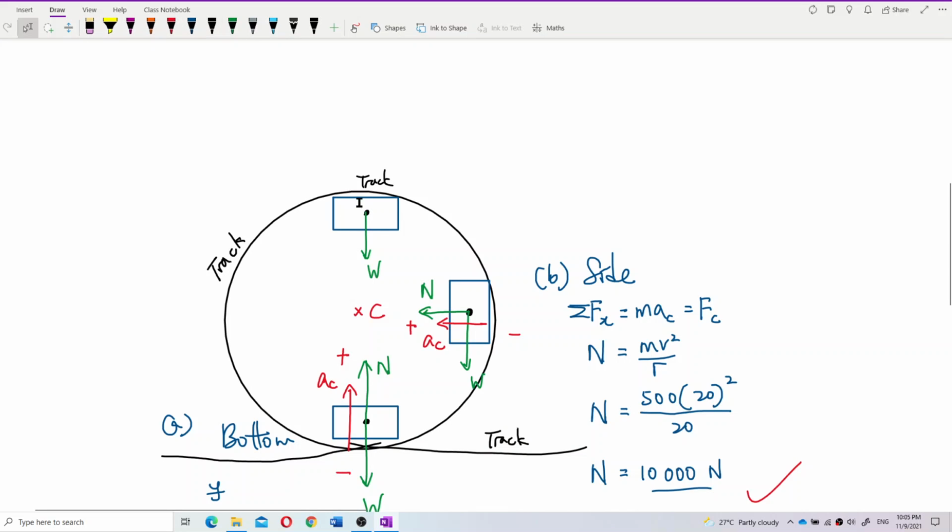The normal force is always perpendicular to the track, and the track is at the top. That's why it's downward.